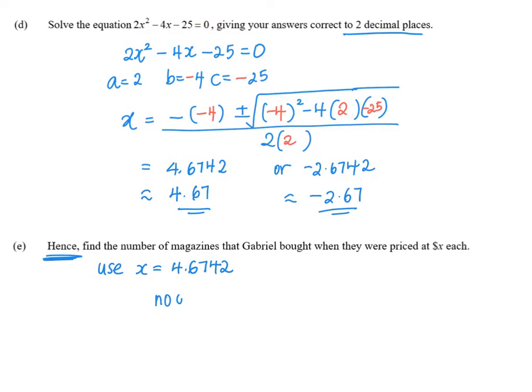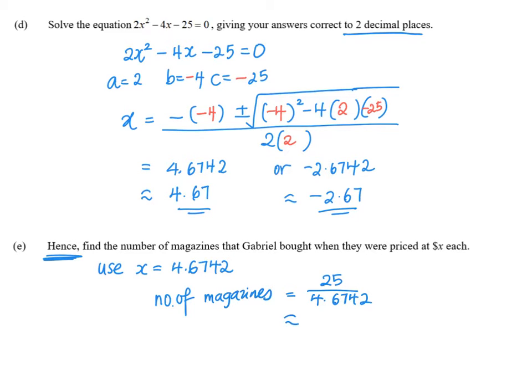So the number of magazines will be equal to, originally I have $25 divided by the price of each magazine, and that gives me 25 divided by 4.6742.